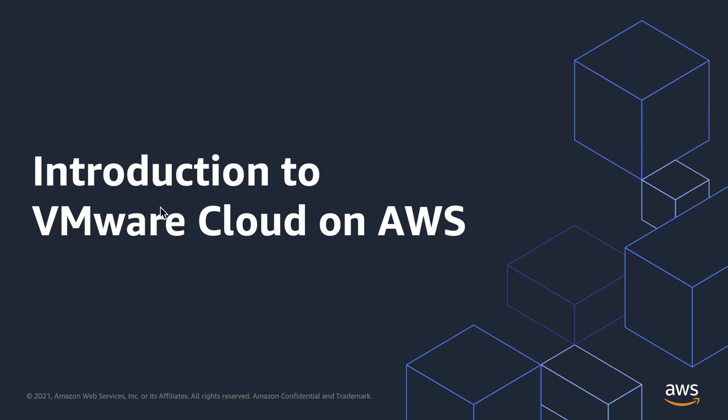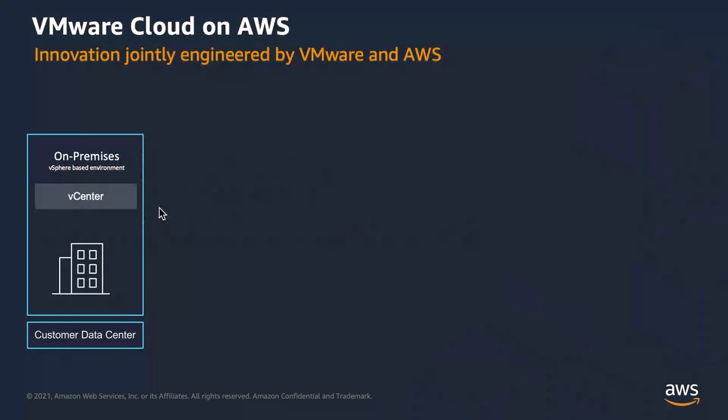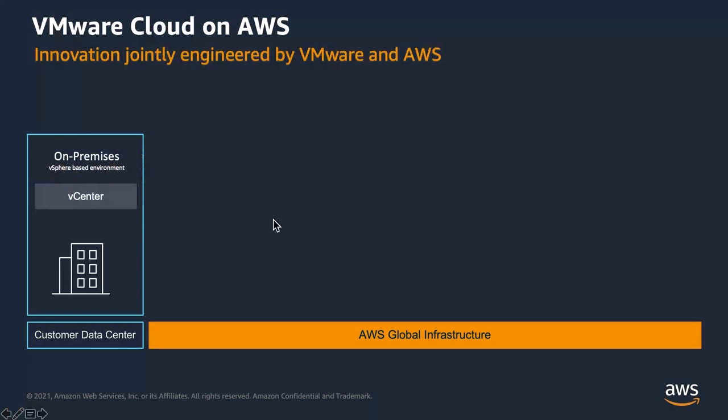Yeah, of course. So first, I'm going to do a quick intro of what VMware Cloud on AWS is, just to level set the service that we have. VMware Cloud on AWS is a service that was jointly engineered between VMware and AWS. We are able to run vSphere and its code, the same code that you might use on premises, on AWS's global infrastructure. Here on the left side, we have the on-premises environment, which is what you probably are using.